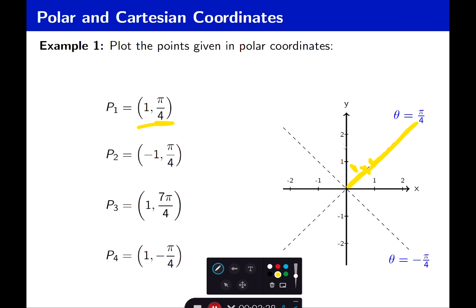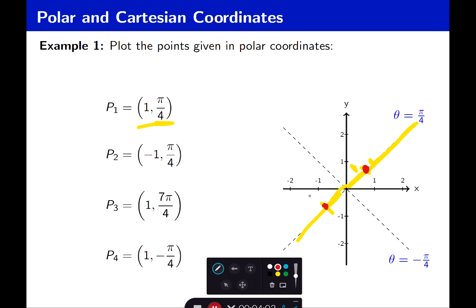What about -1 and pi fourth? With -1 and pi fourth, you basically add pi to pi fourth. It's over here. Again, you separate 1 from the origin, and this one is the point. So here and here.